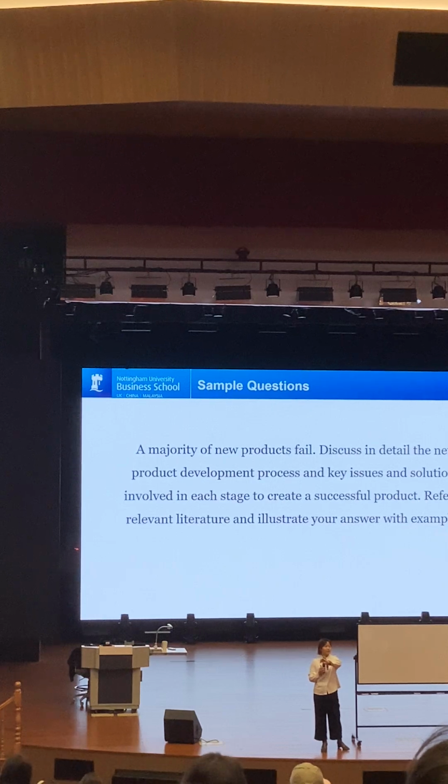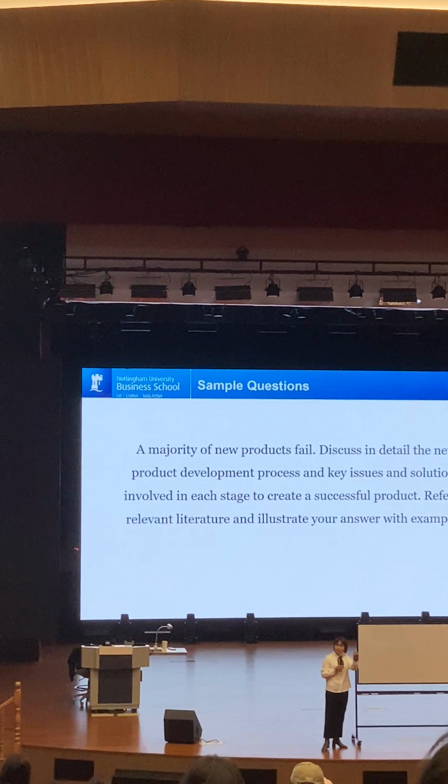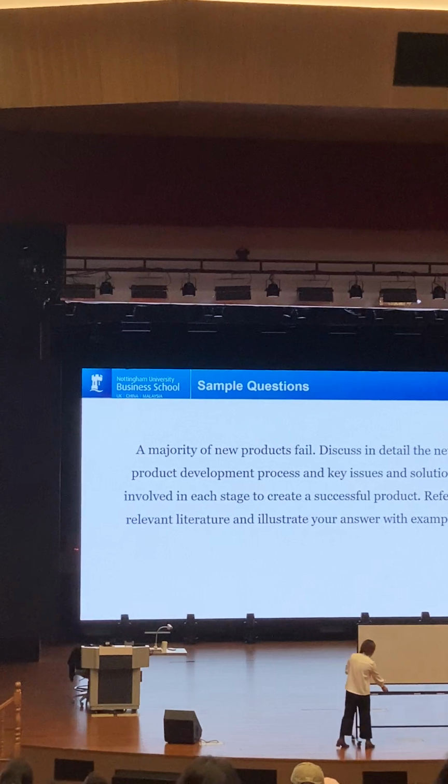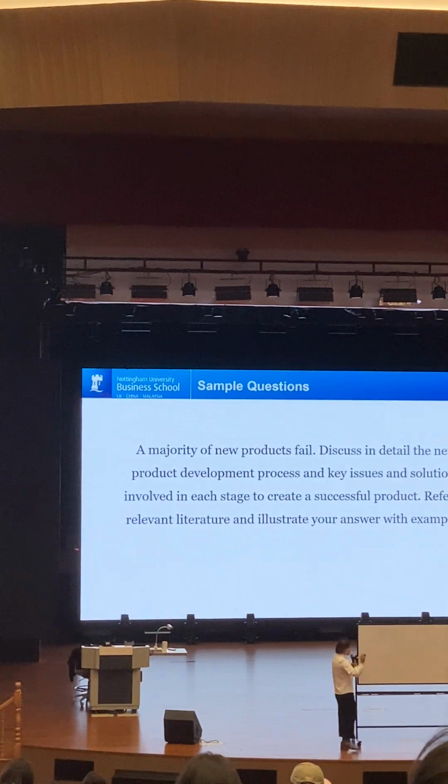Probably, yeah. 5? That's too many. Not 5. 4? Yeah. The first one is what? Process. Right? Second? Issues. Third? Solutions. What is the fourth? Examples? Examples should run through all of these 3 components. Okay, so the question has 3 main components.